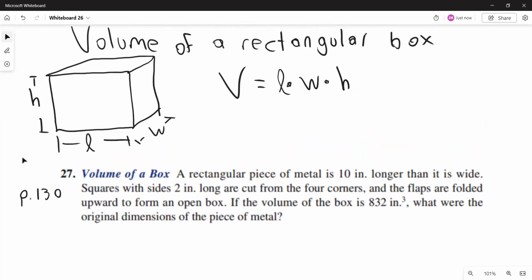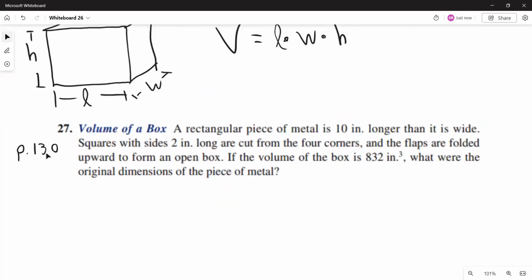Squares with sides 2 inches long are cut from the four corners, and the flaps are folded upward to form an open box. If the volume of the box is 832 cubic inches, what were the original dimensions of the piece of metal? So let's see where we are.